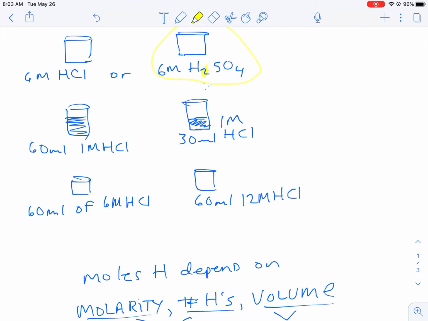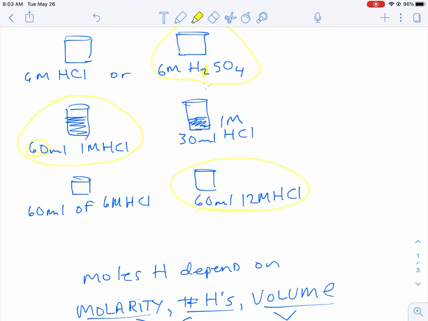Hopefully you said this one. And hopefully the thing that you noticed that was different about these scenarios was not the molarity, not the formula, but the milliliters. And our last scenario, you take a look at, you got 60 milliliters of a 6 molar HCl and 60 milliliters of a 12 molar HCl. Hopefully you can figure out which one has more H's floating around, and that is going to be this one.